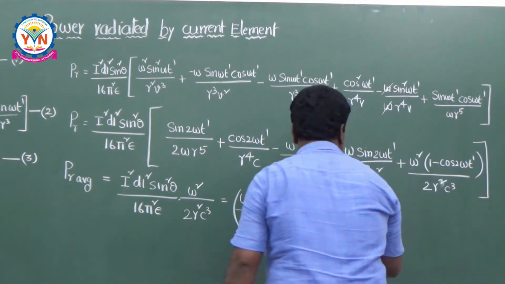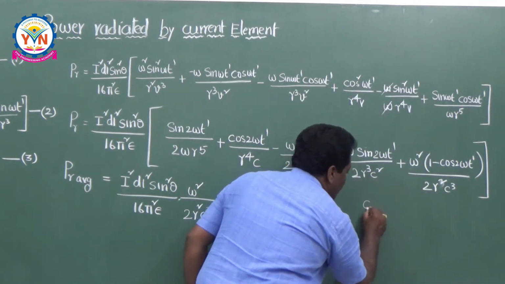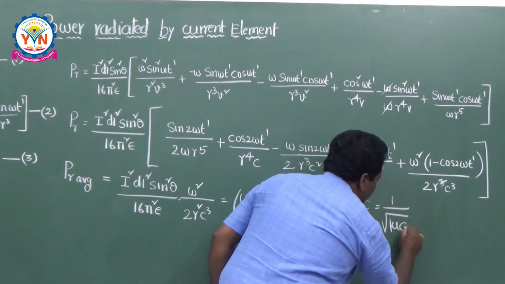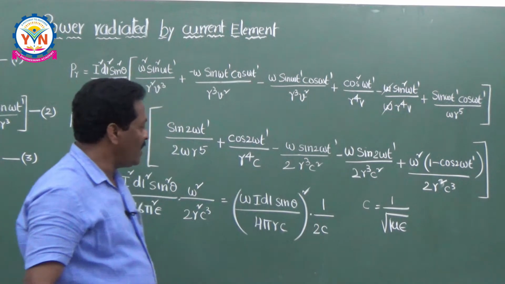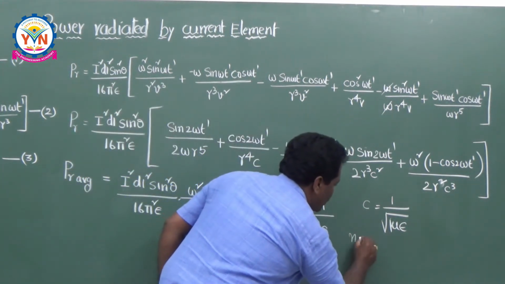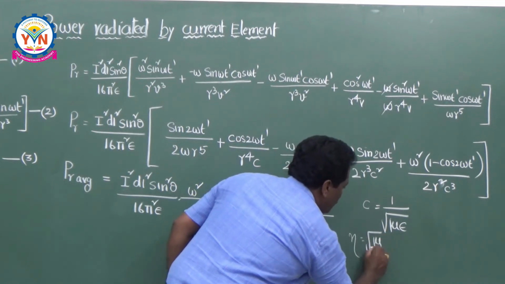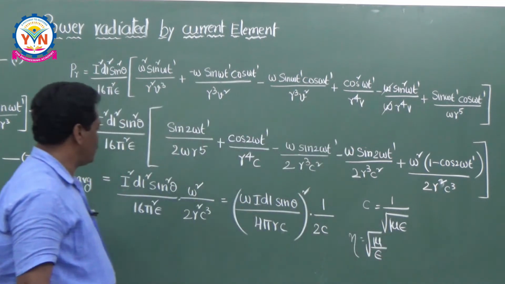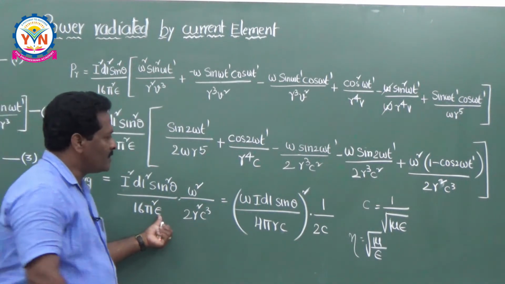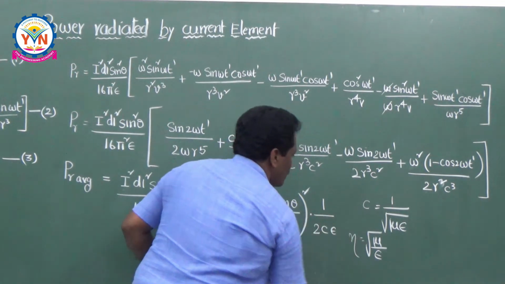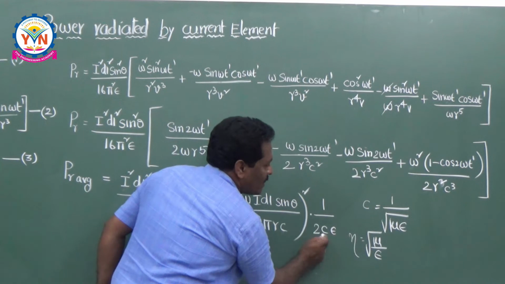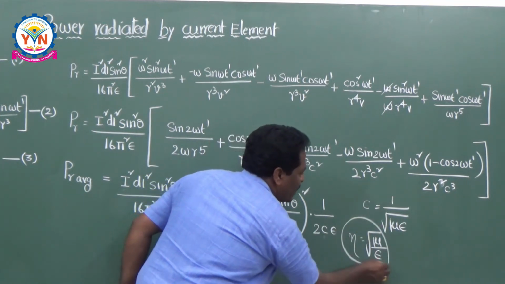If I take the light velocity, c is equal to 1 by root mu epsilon. Then I can write down here, this is eta. Eta is equal to root of mu by epsilon. Because you are having epsilon here, and c means 1 by root mu epsilon, and if you calculate this, you are going to get the value of eta here.